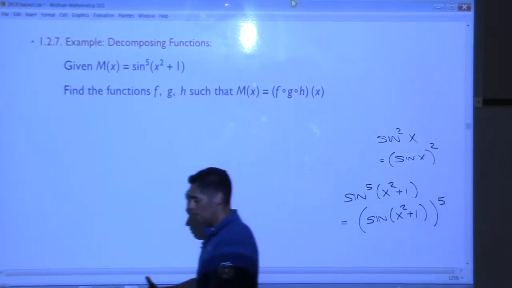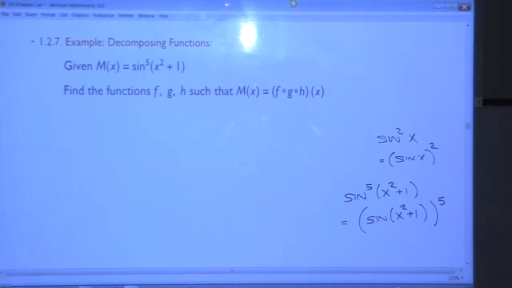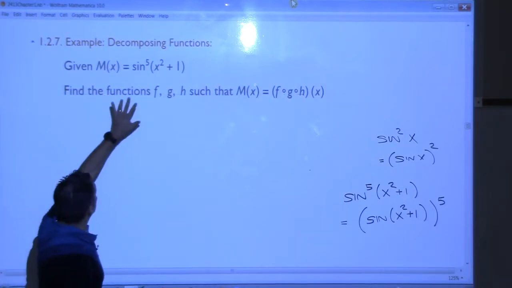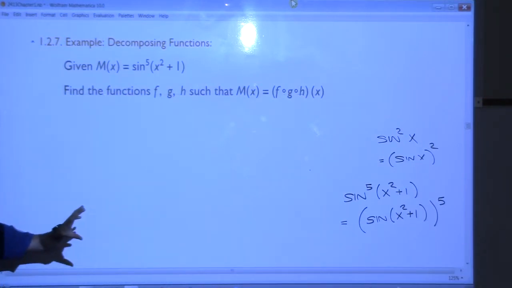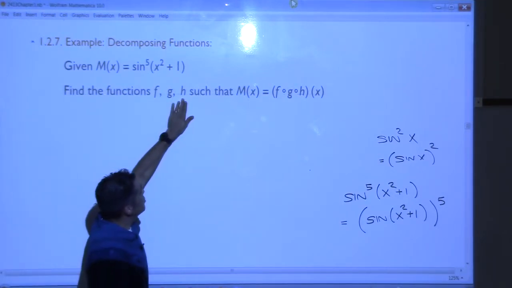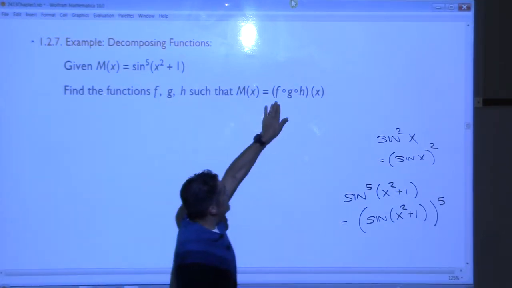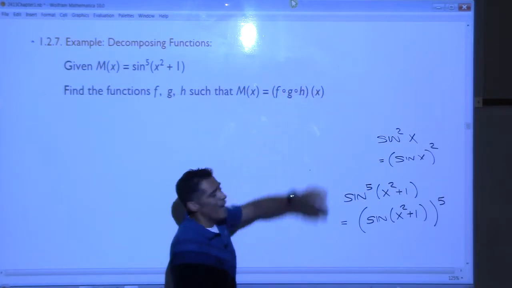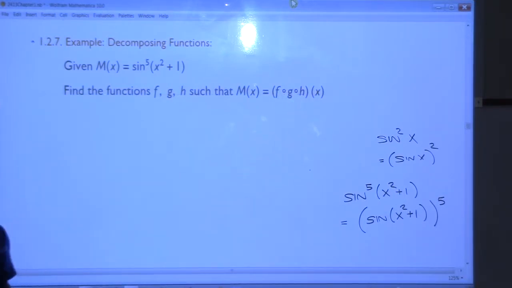All right, so take a look at that capital M function. And what you're asked is to try and decompose that. In other words, come up with three functions such that that function is this composition. It's f of g of h of x.